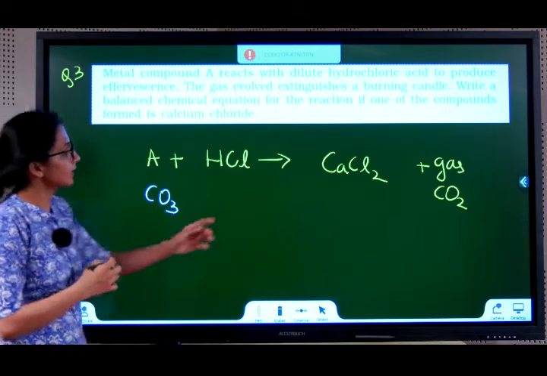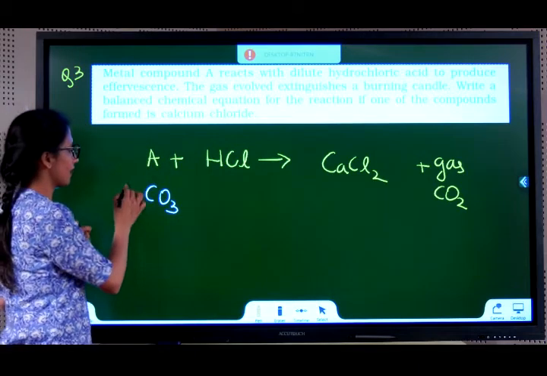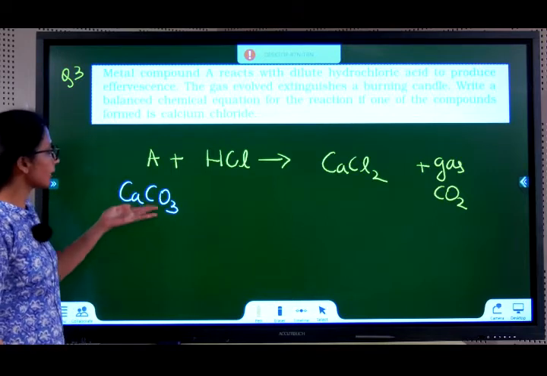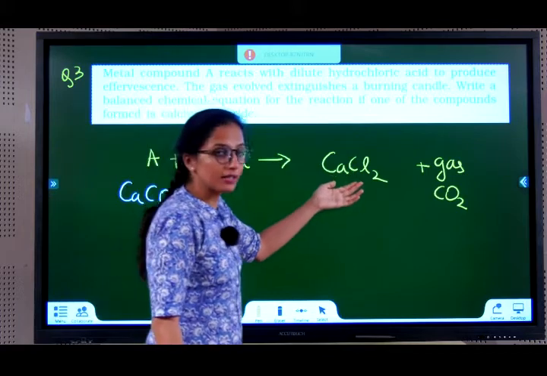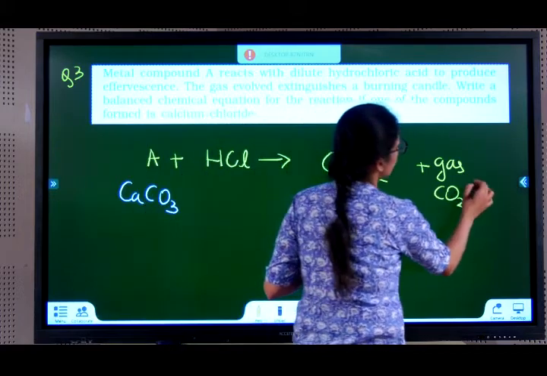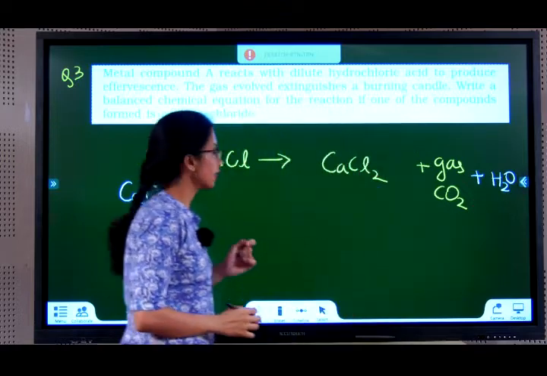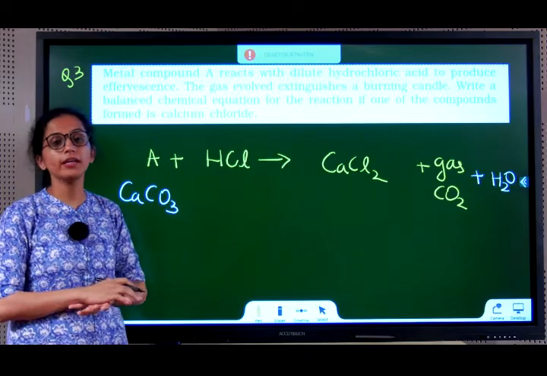Yes. There is calcium coming out. So the calcium has to come from A itself. So I can say A is calcium carbonate. When calcium carbonate reacts with HCl, it gives CaCl2 plus CO2 plus water. So this is our reaction. Our metal compound A is CaCO3. I hope you understood how we did this.